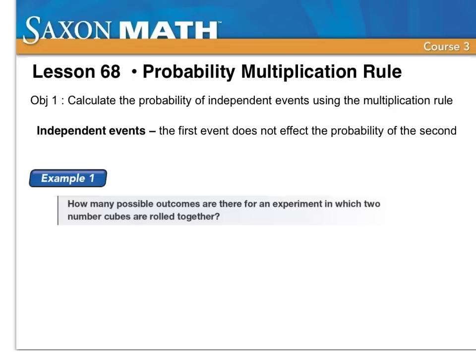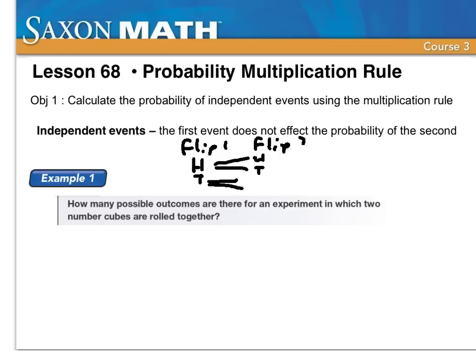Now, let's look at something else here. Let's talk about sample space. So if I flip a coin twice, with flip 1, I can get heads or tails. And then with flip 2, I could get heads or tails again.